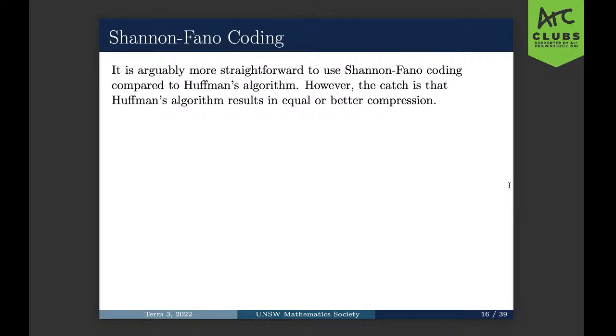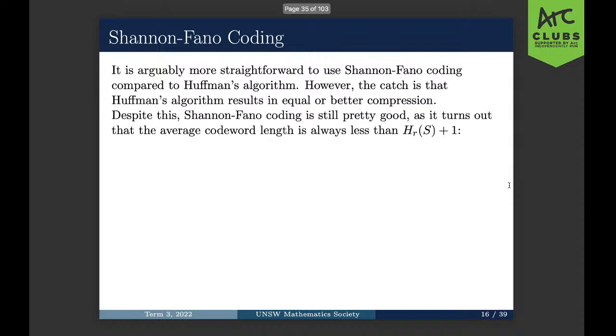And it seems more straightforward than Huffman's algorithm, if you remember. But the catch is that the Shannon-Fano code is never better than Huffman's algorithm. And despite this, Shannon-Fano coding is actually still pretty good, as I said before, because you can prove that the average code length is always less than the entropy plus 1.